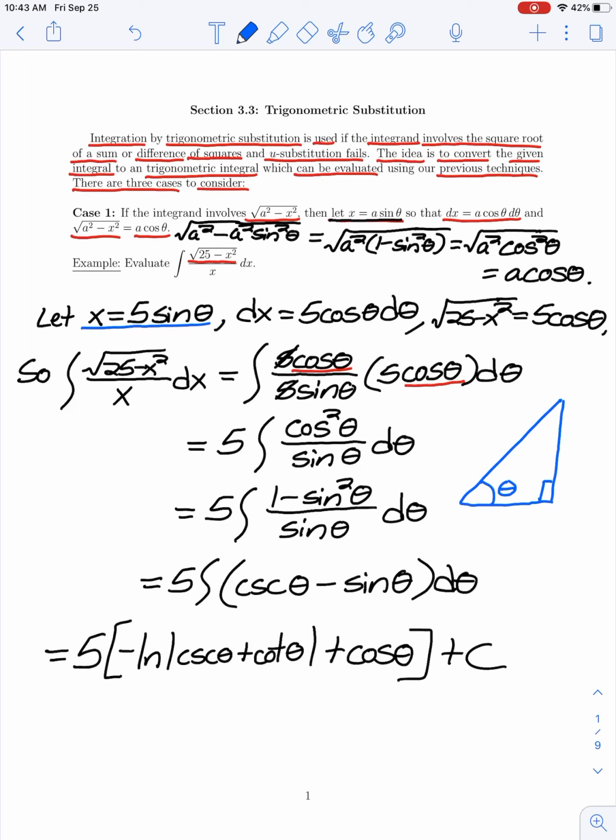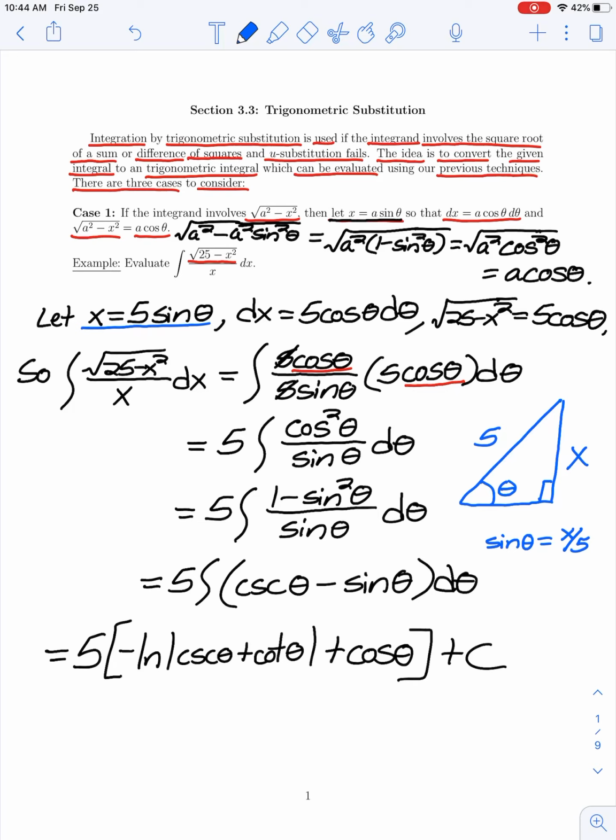Now when we think about how sine of theta would be defined in terms of the sides of a triangle, it would be given by the ratio of the opposite over the hypotenuse lengths of this triangle. So the edge opposite of theta would be x, and my hypotenuse would be 5, since we said sine of theta was x over 5.